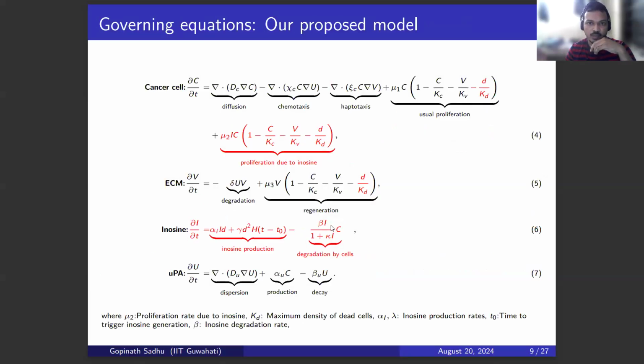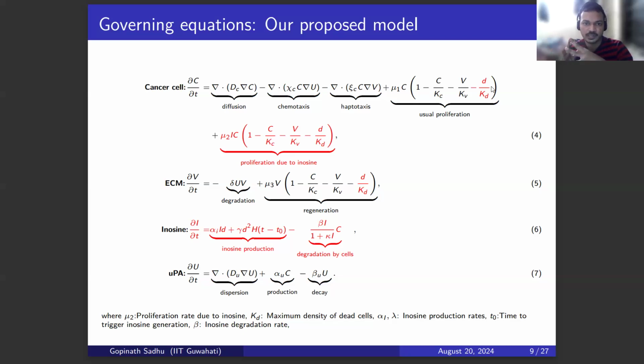So directly, if we go to our proposed model, the red highlighted terms are what we added here. Since treatment is already over, we have directly considered that dead cells are present and kept fixed. So dead cell dynamics is not considered here.